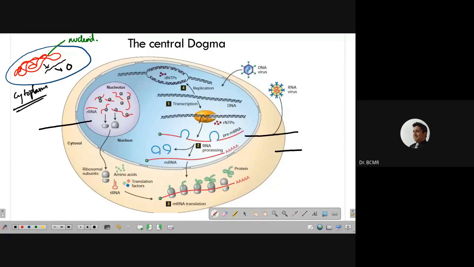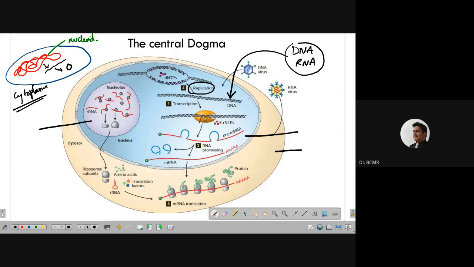So replication happens, you can think of all nucleic acid polymerization, which includes DNA polymerization and RNA polymerization, happening in the nucleus. Okay, so replication and transcription are happening in the nucleus.